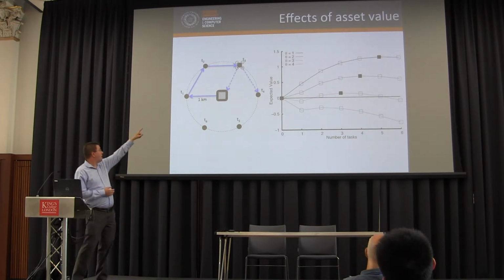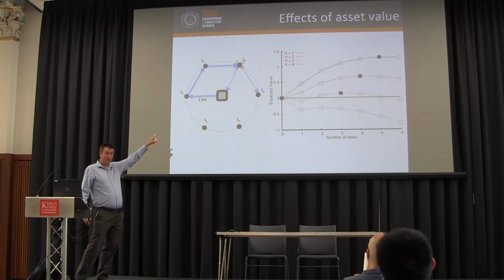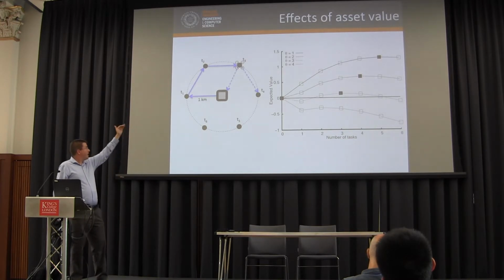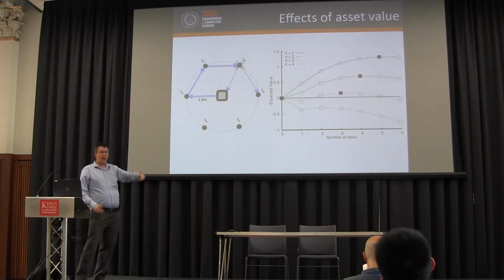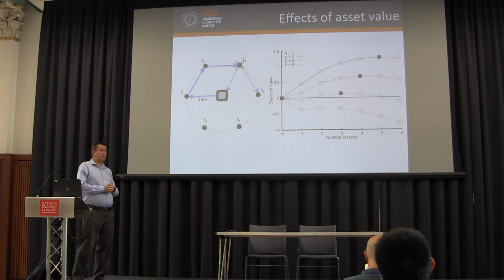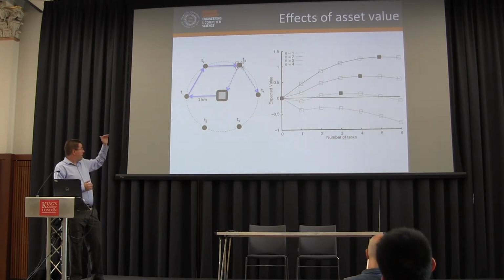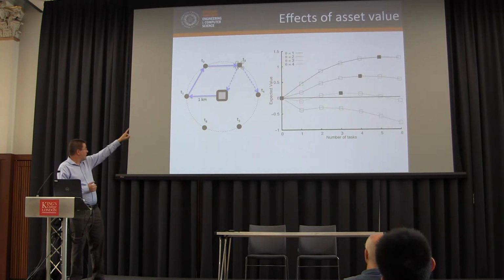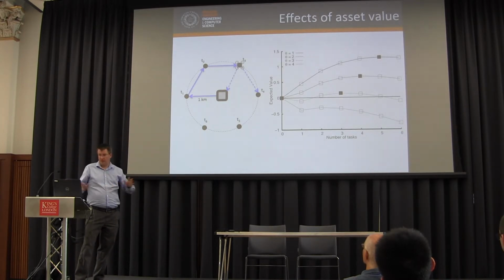So we look at theta here, which is the asset value once again, where the top line is value 1, 2, 3, and 4 going down. When the value is 1, your best option is to collect 5 out of the 6 and then return home. As the value of the asset increases, you go down to 4, 3, and finally, at asset value 4, your best bet is to never leave home at all. Don't collect any of the tasks.